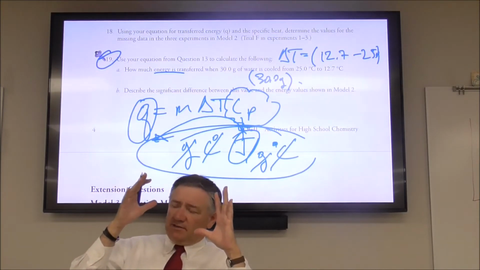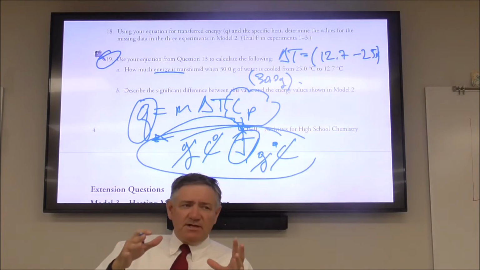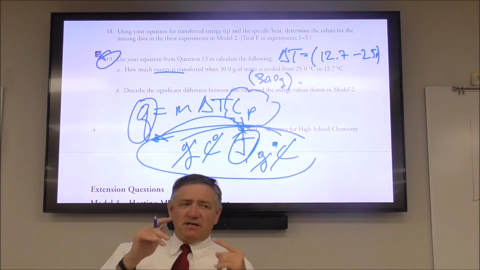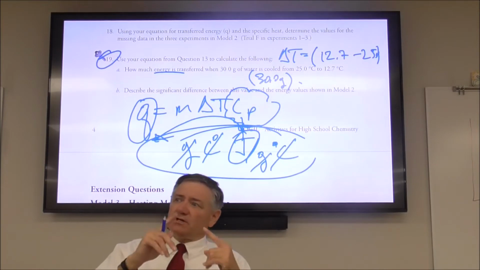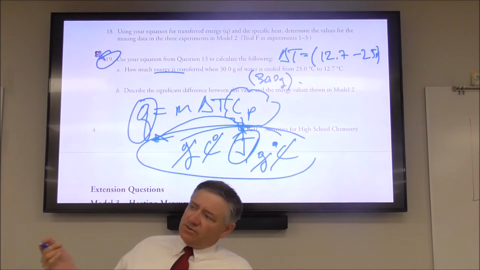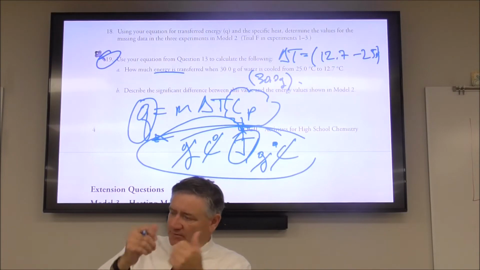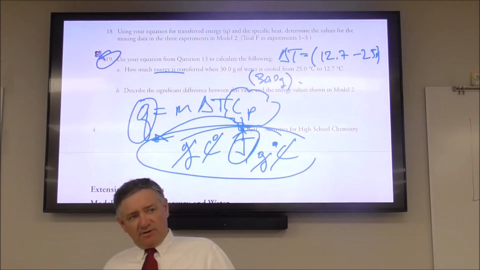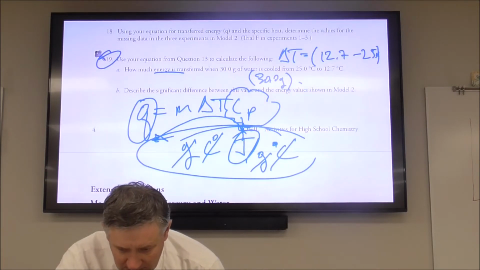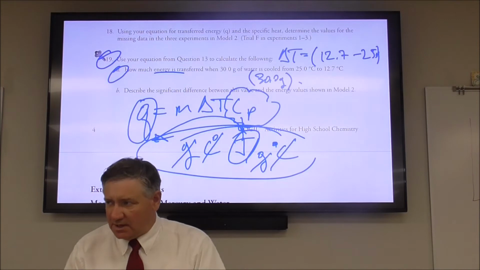So in this situation, you're going to get a negative value of Q. And all that negative sign indicates is that energy is flowing out of the water. If you have a positive Q, energy is flowing in. If you have a negative Q, energy is flowing out. So on 19A, you should end up with a negative number.